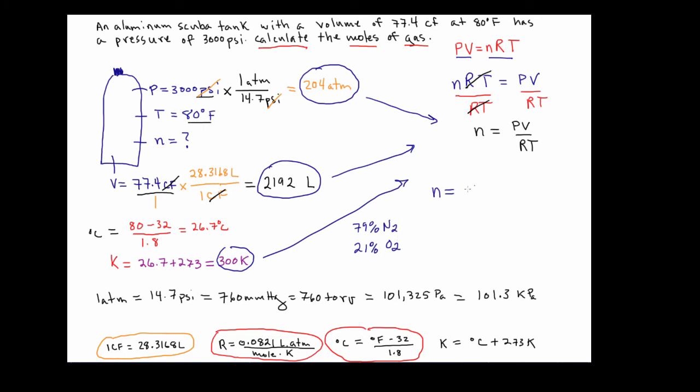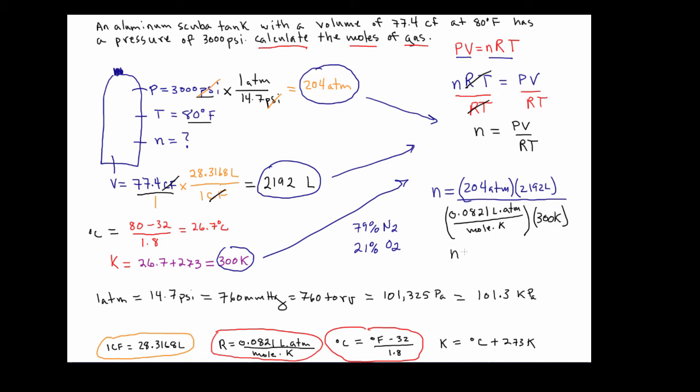So the moles will be, all right, we're going to have our pressure, 204 ATM, times our volume, which is 2,192 liters. We're going to be dividing by the gas constant, 0.0821, and I'll make sure to put my units in, liters times atmosphere over mole times K, and then our temperature, which is 300 Kelvin.